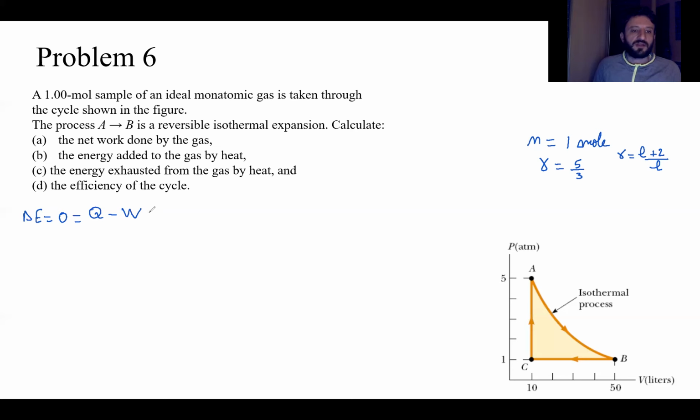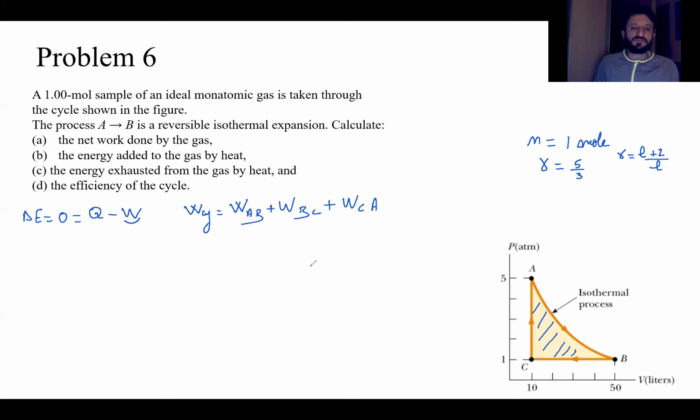I want to calculate the work done by the cycle, which is equal to the area in this zone, but we cannot calculate it because we don't have a fixed geometrical shape to calculate the area between the curve. In this case, we have to find the summation of the work of AB plus BC plus CA.